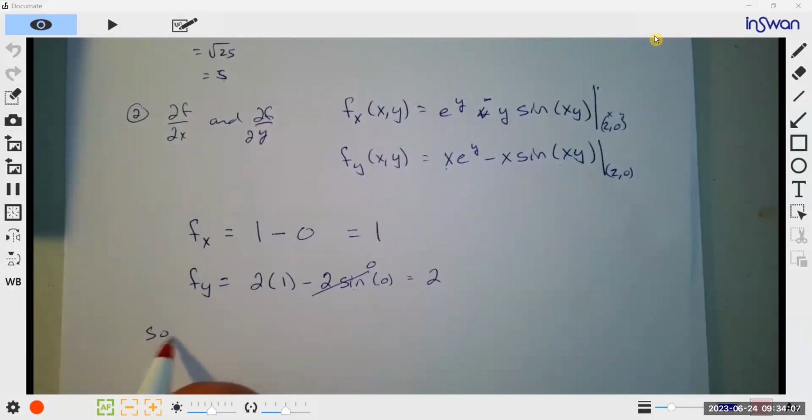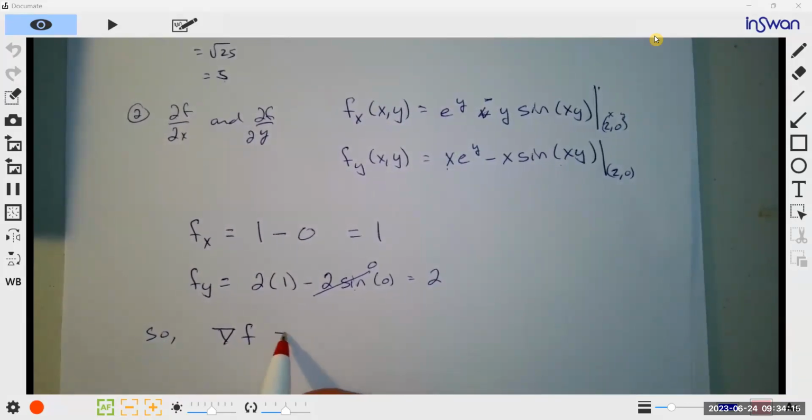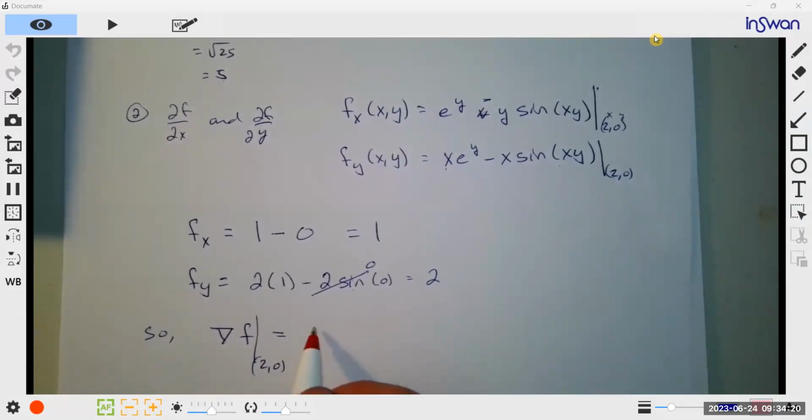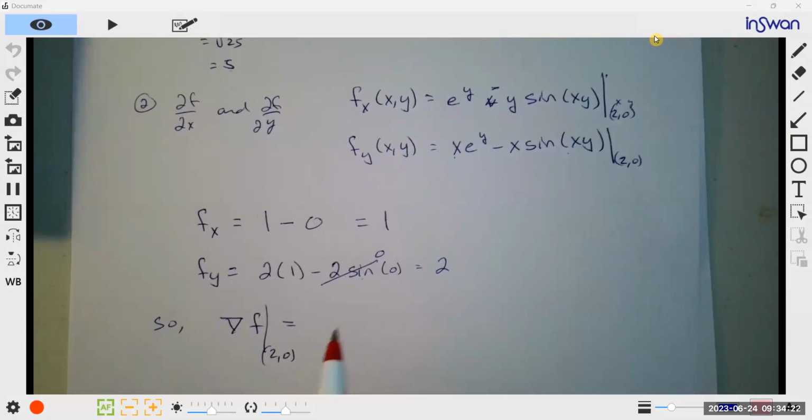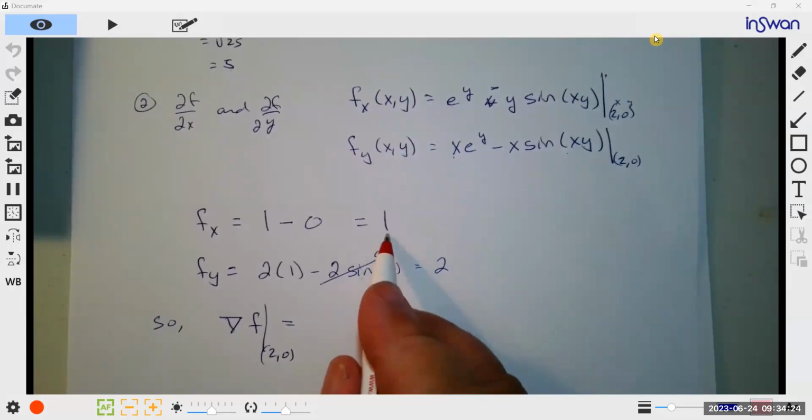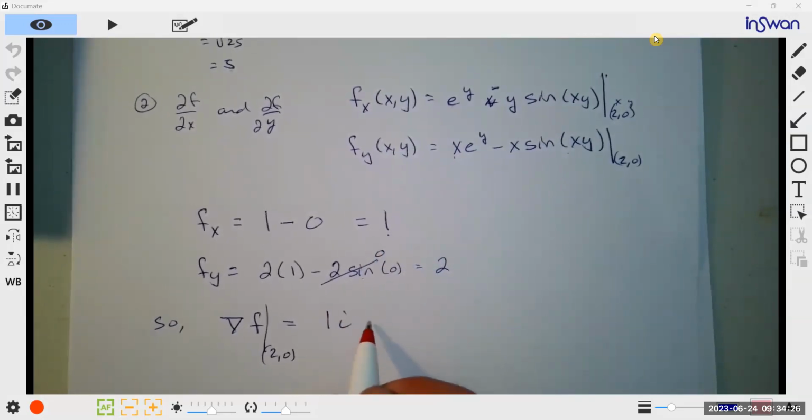All right, so since we had the partials fx, fy, we know our gradient at 2, 0 is equal to 1i plus 2j.